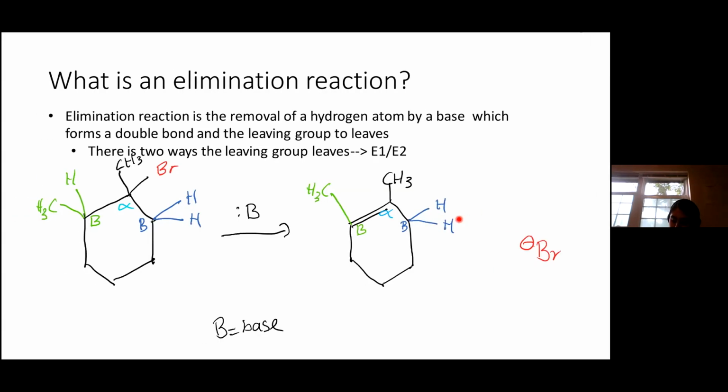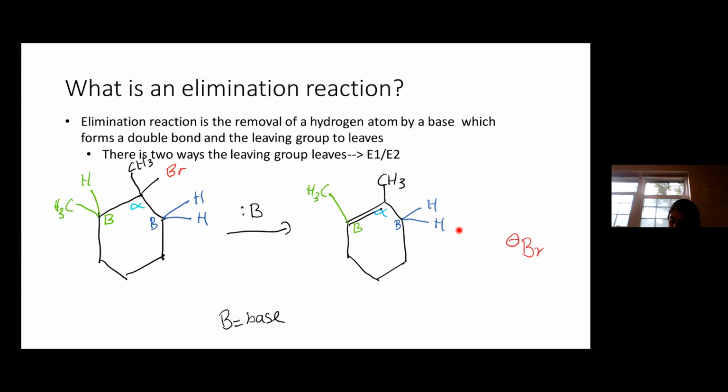So if we go back to this example right here, we can see that we formed the double bond between these two, and that was because we would have a tetra-substituted alkene if we formed it between these two, as opposed to if we used these beta hydrogens. We'll go more with the examples, but let me just draw what it would look like if we had instead formed that double bond between this alpha carbon and this beta carbon, removing this H right here. Instead, it would not have been a tetra, it would have been a tri-substituted. So let me just draw it real quick.